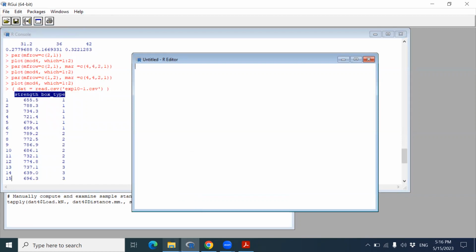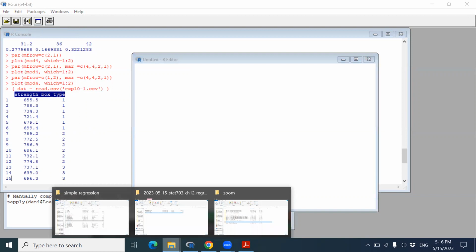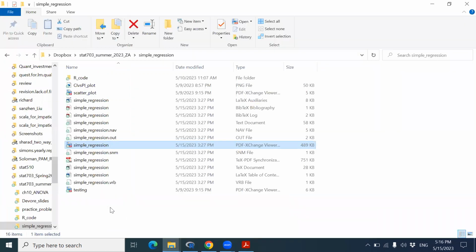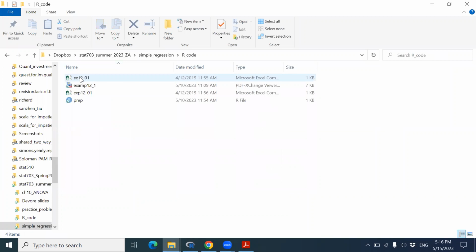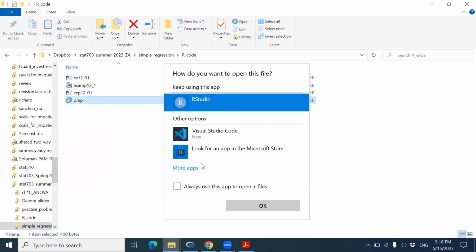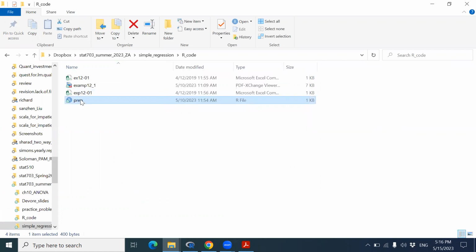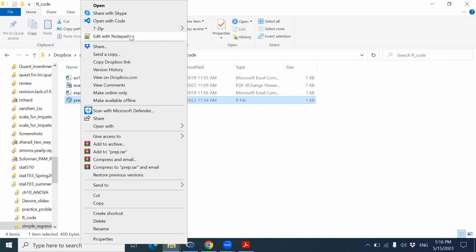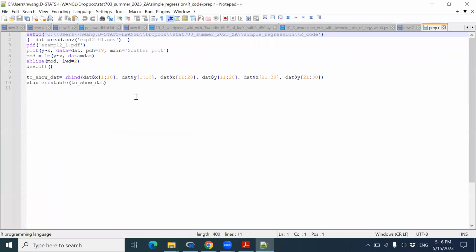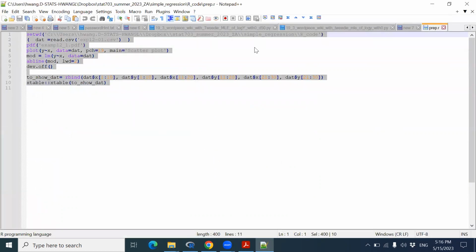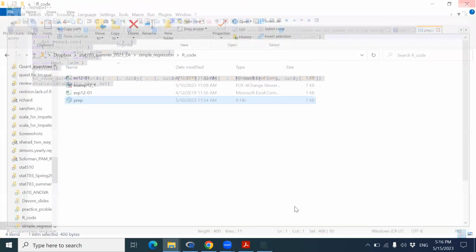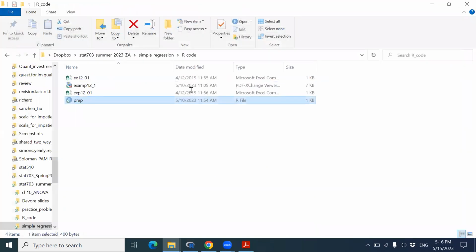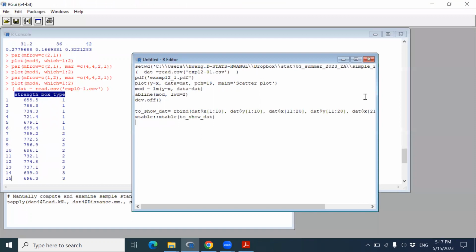excuse me, I should perhaps first try to read in the data. Okay, I already put the data there in the data set.